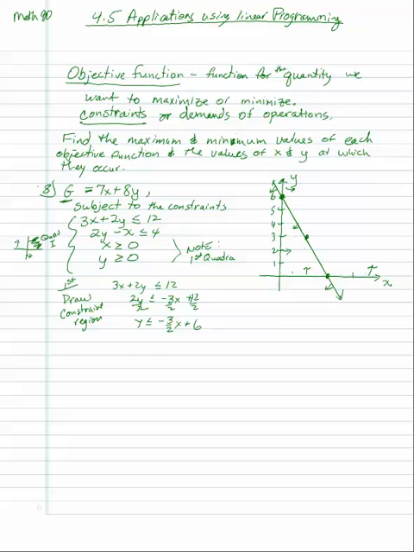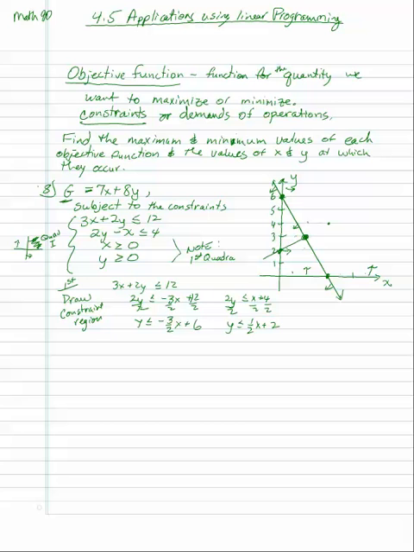Now for the next constraint, we've got 2y minus x. I'm going to add x to both sides. Divide by 2. 1/2 x plus 2. So I start at 2, slope up 1 over 2. Up 1 over 2.